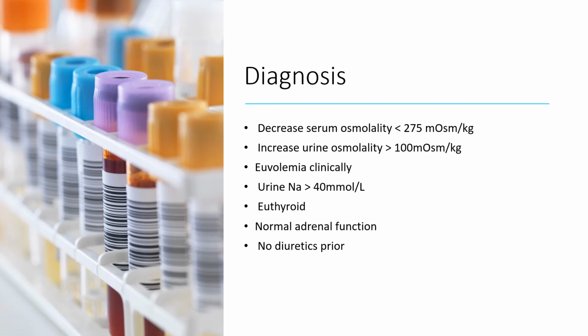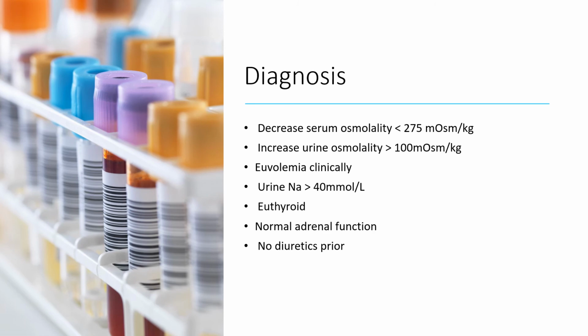So when it is not hypothyroidism and it is not adrenal dysfunction and the patient is not on diuretics and you are finding urine sodium that is greater than 40 millimoles per liter, you are finding urine osmolarity greater than 100 milliosmoles per liter, and you're having serum osmolarity less than 275, then you know you are dealing with something called SIADH.